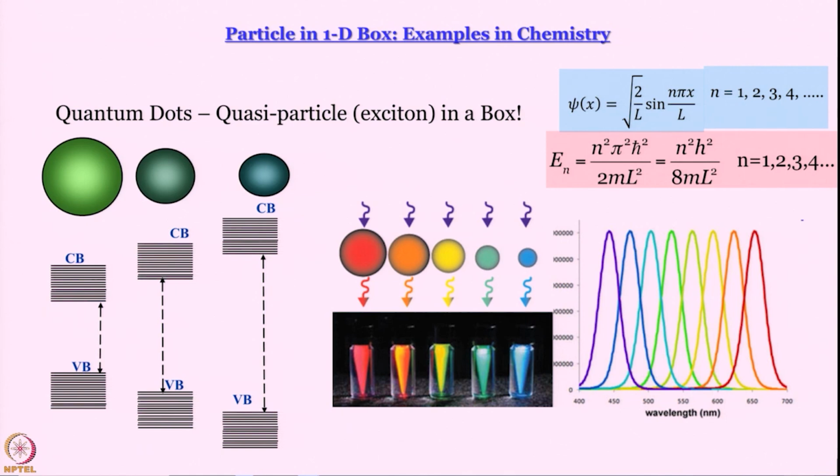This particle moves in a box whose length is equal to the diameter of the nanoparticle. So, now for this exciton, as the size of the nanoparticle increases, you can think capital L increases as well. So, the absorption spectrum also will move from blue to red, and color is going to change accordingly. So, absorption, as you see, has moved from blue to red and color has changed accordingly.